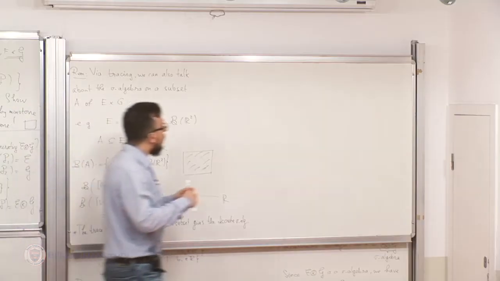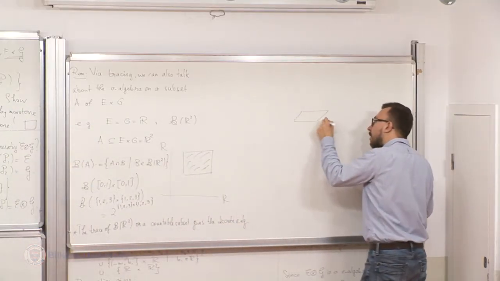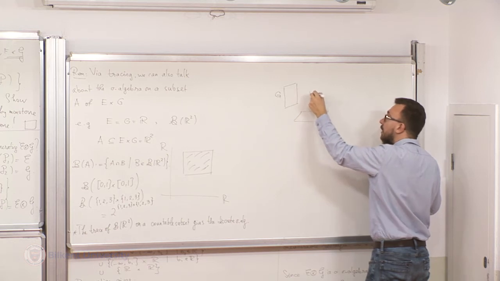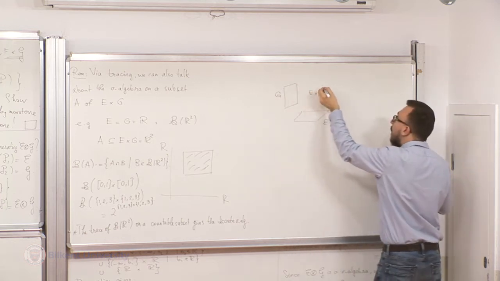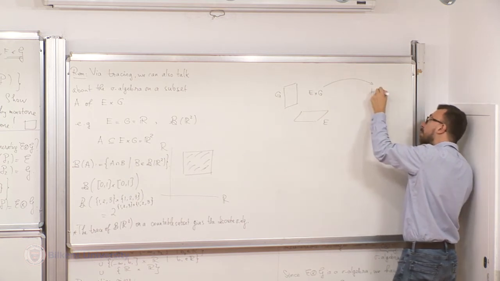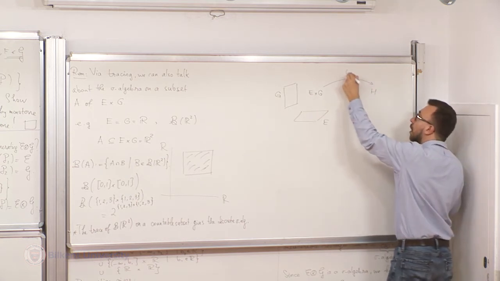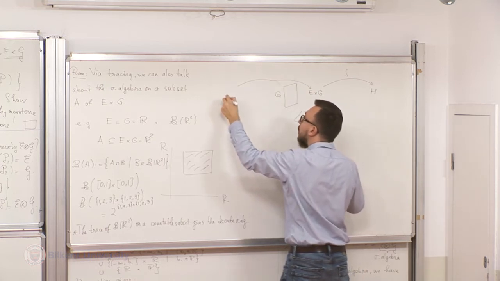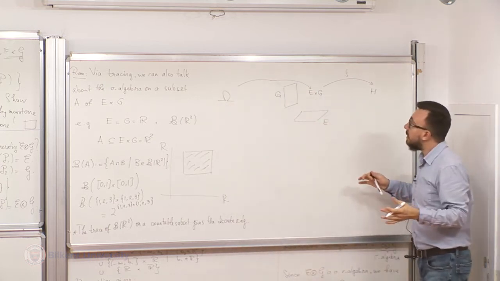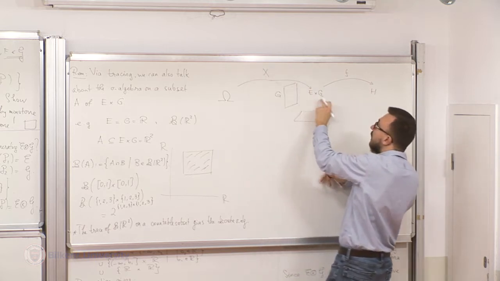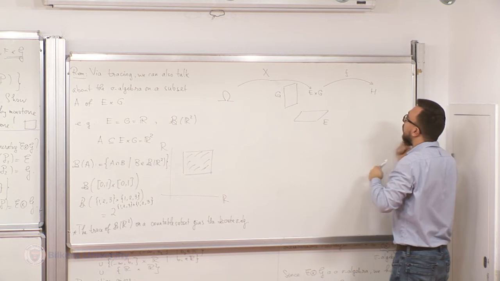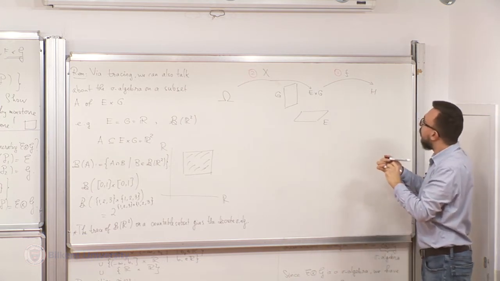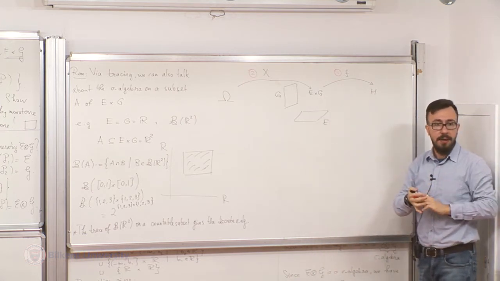So either your E cross G, this world, E cross G, you either map from here to some other place, or you can have an abstract probability space on which you have a random variable taking values in E cross G. So let's look at this first, okay? And then we're going to look at the second case. So first we're going to use E cross G as a domain, okay?